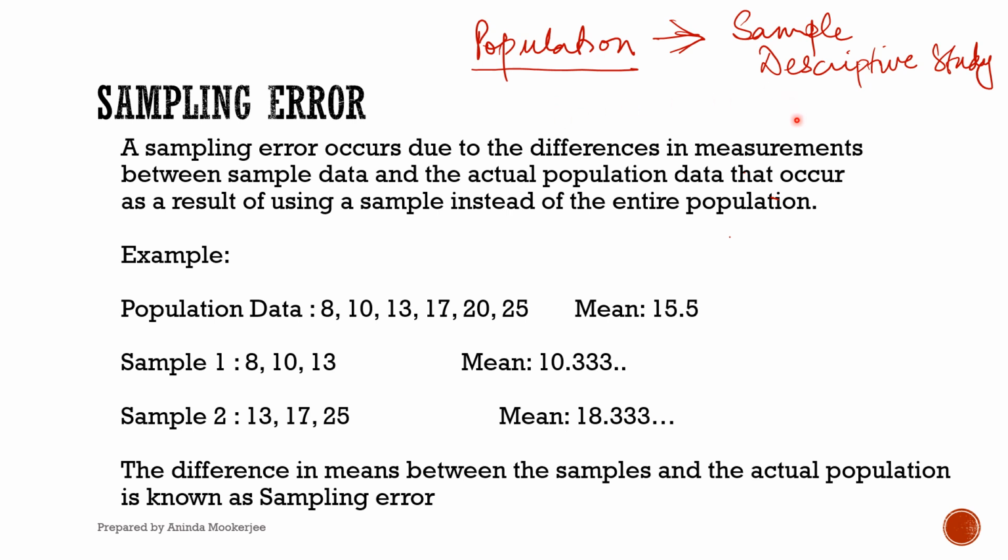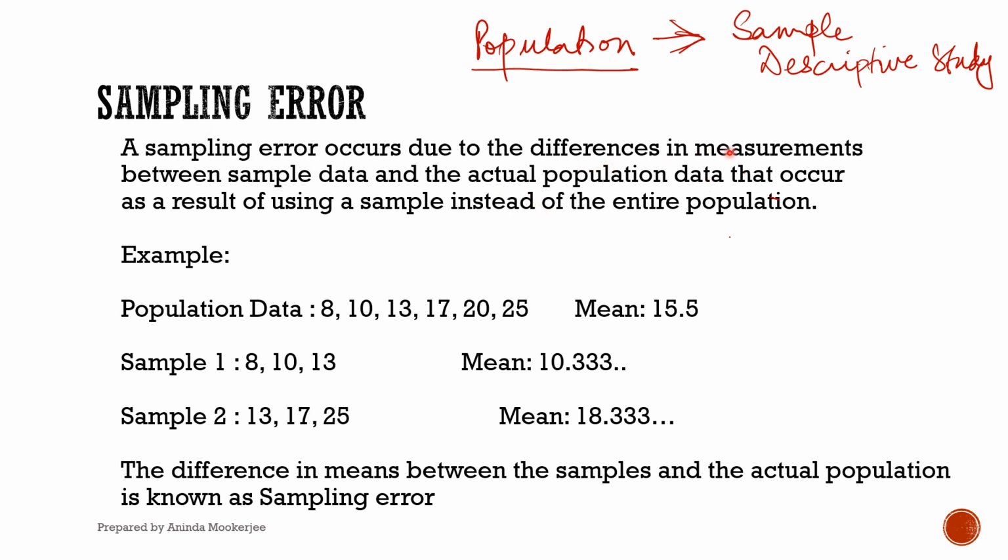There's going to be a difference in the measurements because the population is in millions perhaps, and the sample is only a few thousand members from the population, and therefore there's going to be a gap between the measurements if we had taken the entire population versus when we take just a sample. And that gap is referred to as the sampling error.